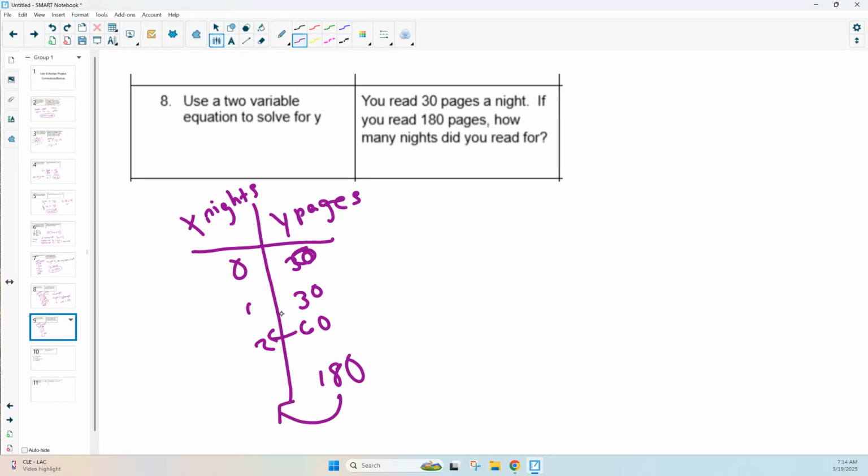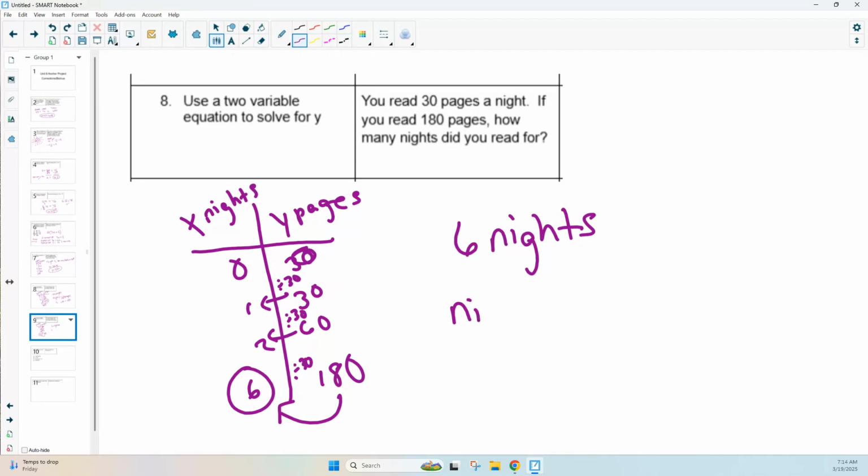So here we're going backwards. How do I go from 30 pages to 1 night, or 60 pages to 2? We are dividing by 30. 180 divided by 30 is 6, because 18 divided by 3 is 6, and then add on the zero. So we have read for 6 nights.